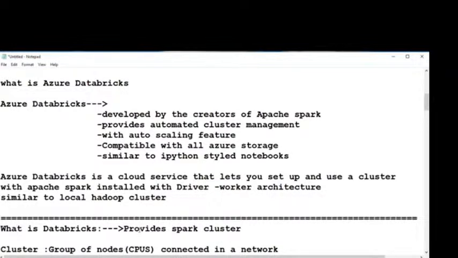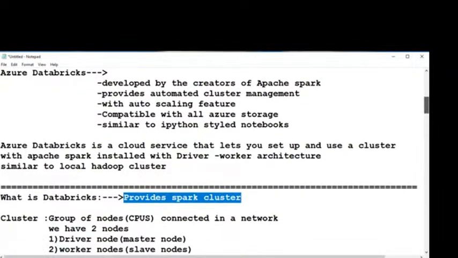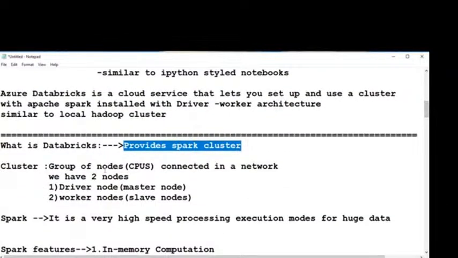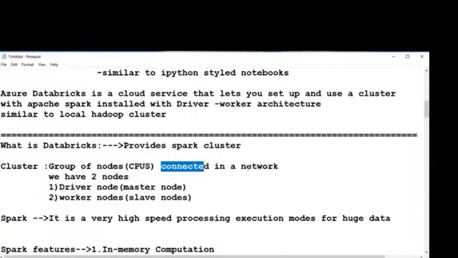What is Databricks? It provides a Spark cluster. It has a group of nodes, CPUs connected in a network. We have two types of nodes, driver node and worker nodes. Driver node is the master node, worker node is the slave node.